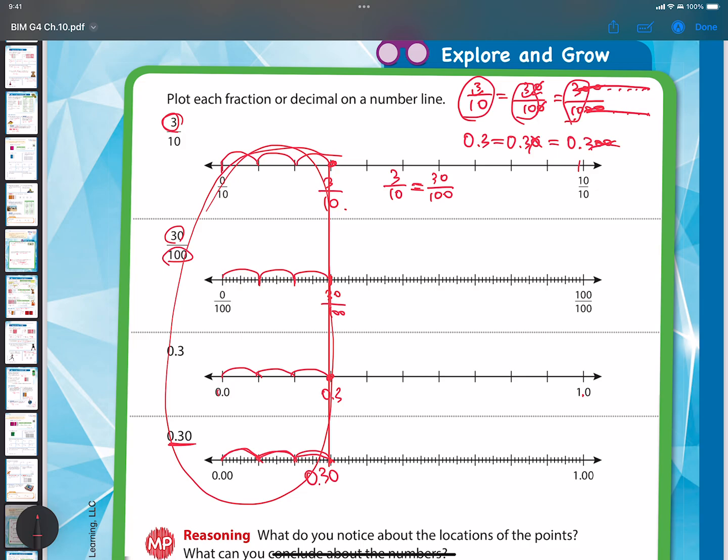Unless we are talking about money, because we are using cents, right? And we are using hundredths when we count pennies or dimes to make $1. We can use 10 cents, which is $0.10. Unless it is money, we are not going to put a zero after the decimal point.